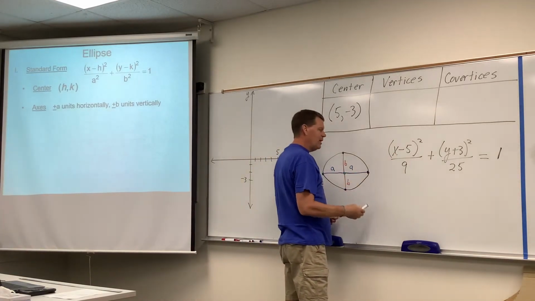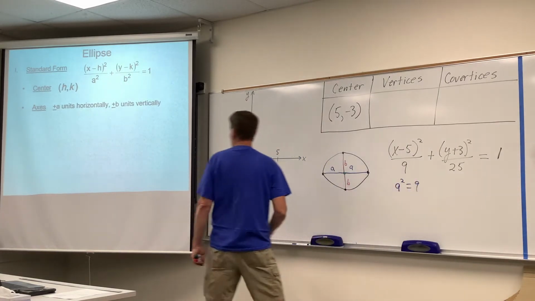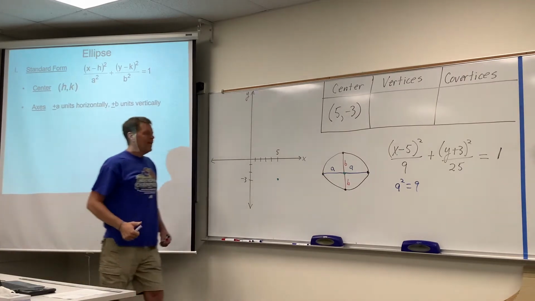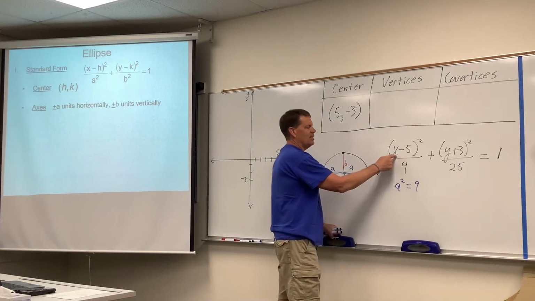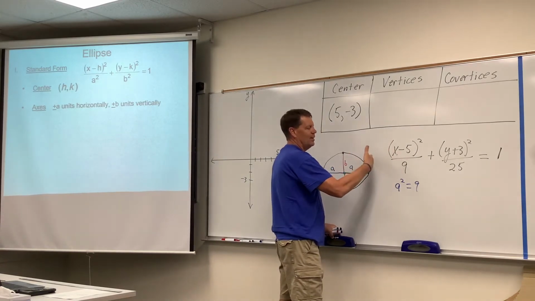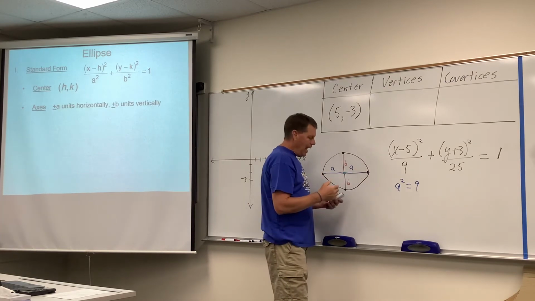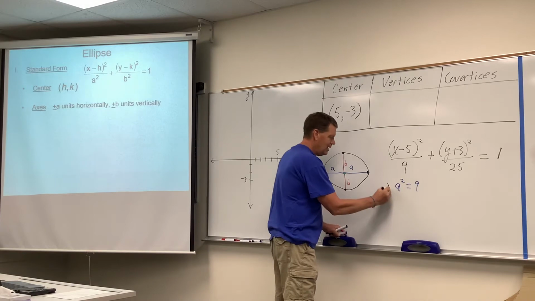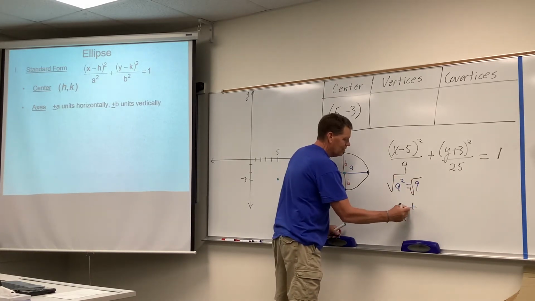So in this particular question, a squared would equal 9, wouldn't it? See how the a squared is the denominator of the fraction that has x in it? And by the way, I always point out that the x-axis is the horizontal axis, so this a value is going to be the horizontal. And if you solve that for a, the square root of 9 is plus or minus 3.